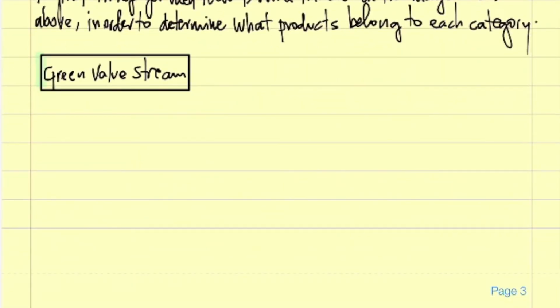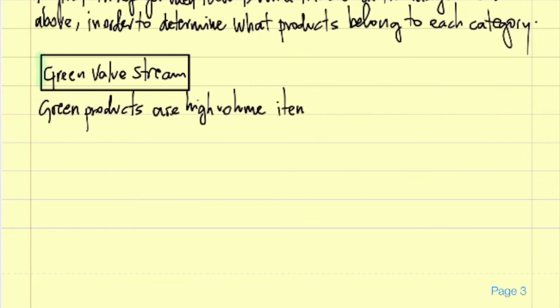So, green products are high volume items that are already produced in a frequent manner.